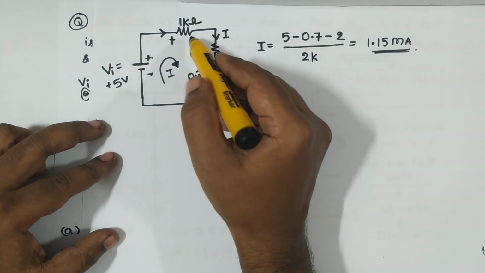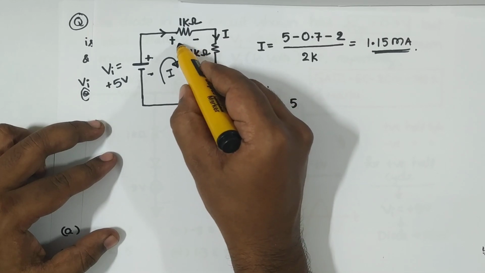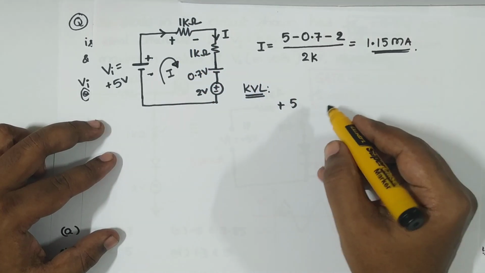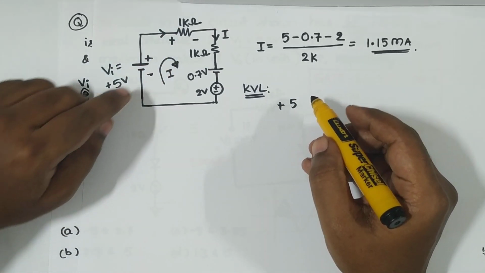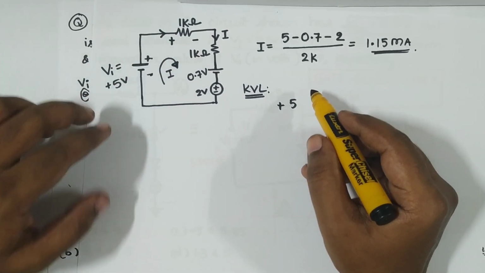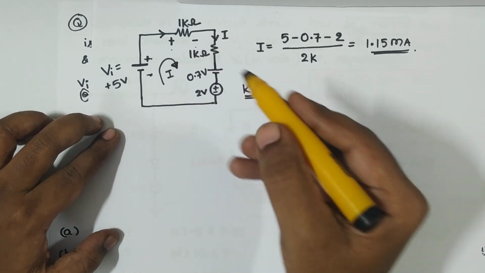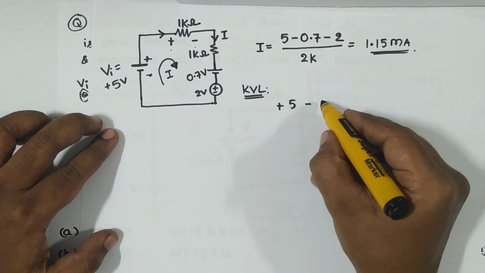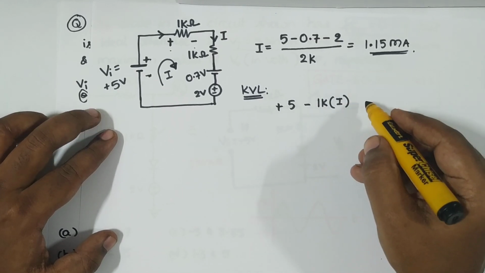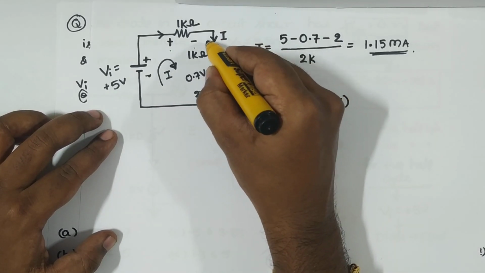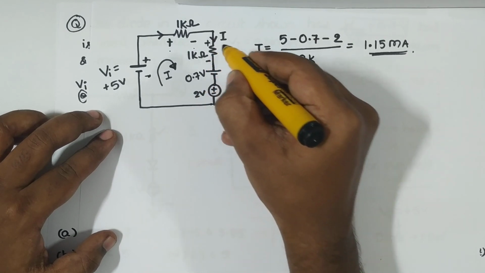So what is the voltage across 1 kilo ohm? I multiplied by 1 kilo ohm. Now I'm going from plus to minus, losing something, so therefore minus 1 kilo ohm multiplied by I.